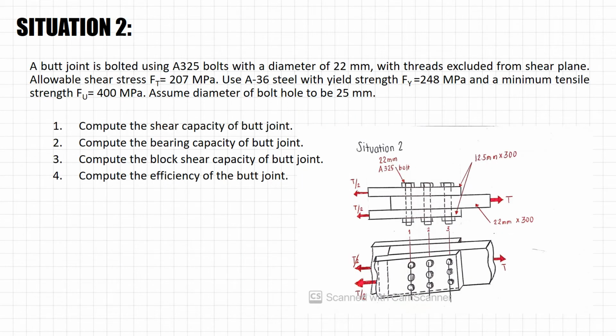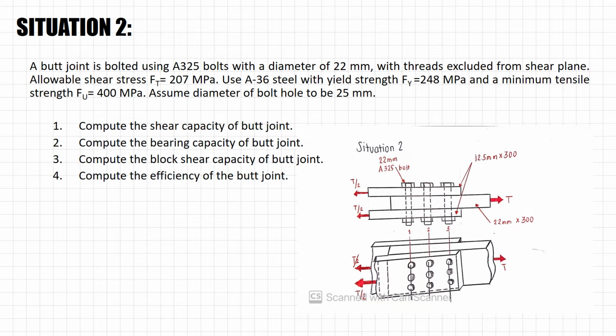Next is situation number 2. A butt joint is bolted using A325 bolts with a diameter of 22 mm. With thread excluded from shear plane, allowable shear stress Ft is equals to 207 megapascal. Use A36 steel with yield strength Fy equals to 248 megapascal and the minimum tensile strength Fu is equals to 400 megapascal.